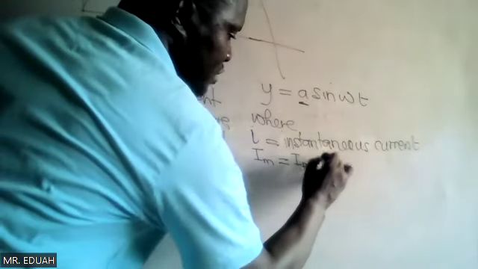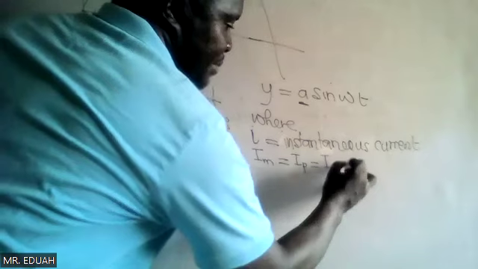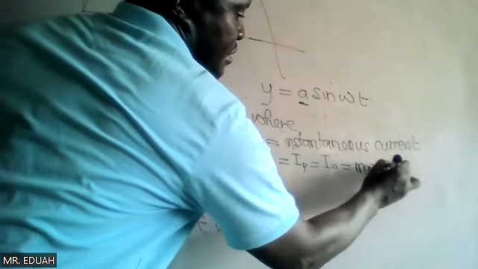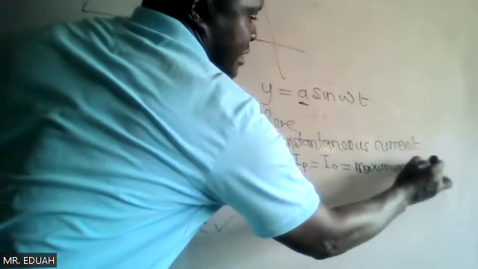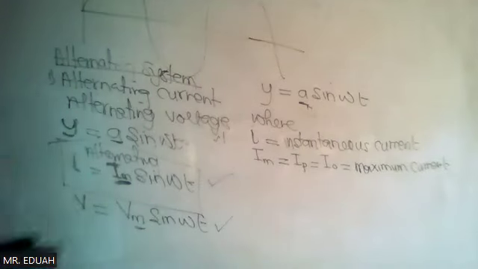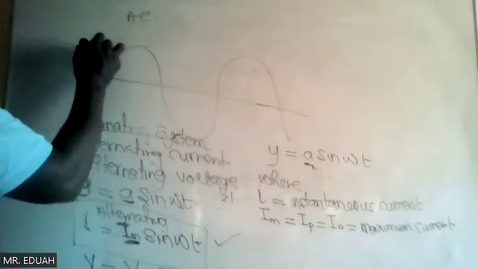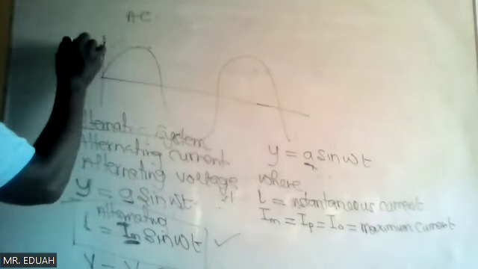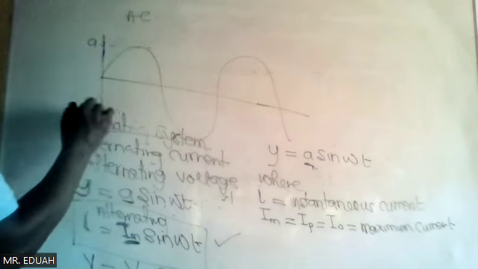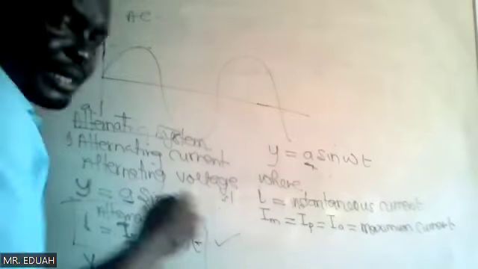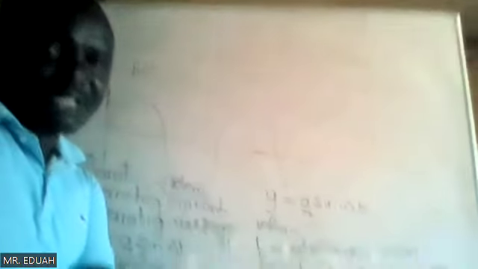Or you can also see I naught. It simply means maximum current. So graphically, it's like this. For current, it's also like this.